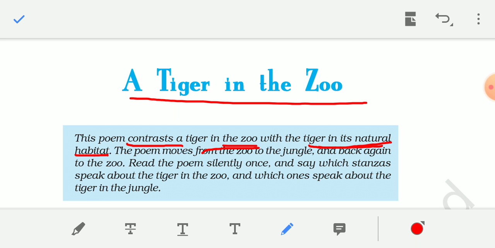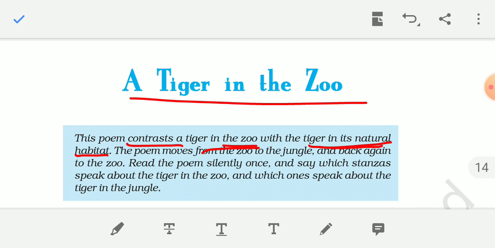So we can easily find out that a tiger in the zoo means the tiger which is kept in a cage, and a tiger in its natural habitat means the tiger is living in a jungle. We know it for sure, and so the poet has aptly described it and given the proper idea of how it should be, where it should be kept. So let's read and know.